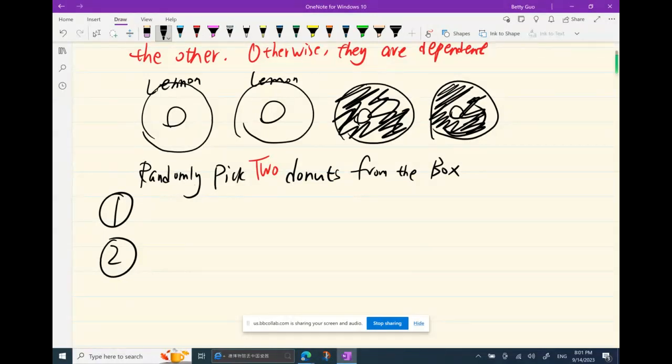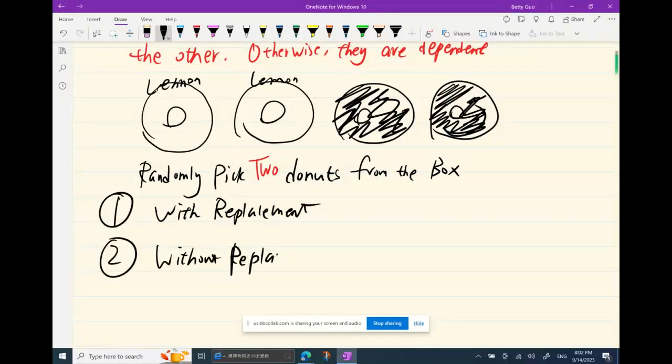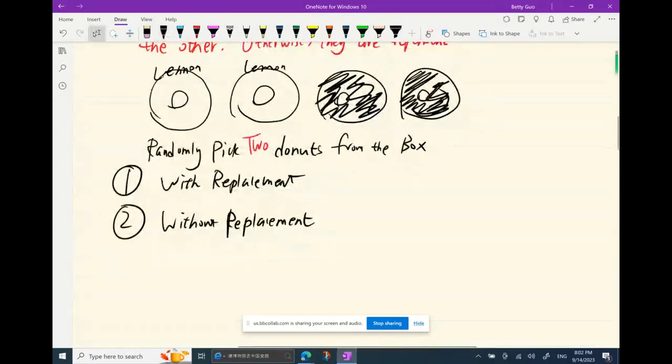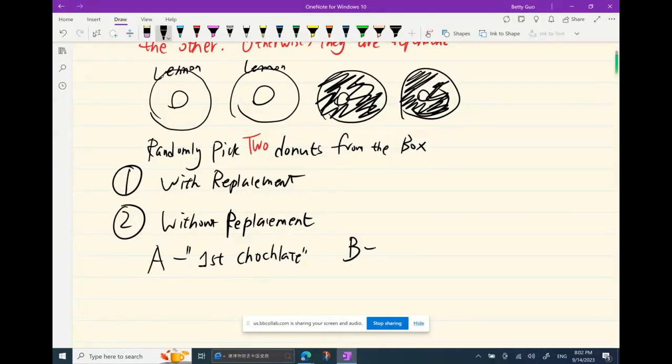The first case is with replacement. The second one is without replacement. We let A be the event that the first time we get a chocolate, and B be the event that the second time we get a chocolate.